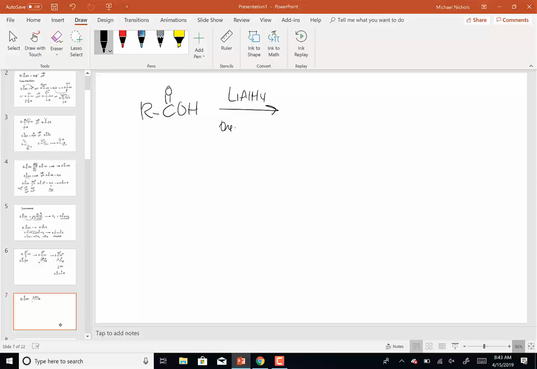There'll then be an H plus, H2O step. So lithium aluminum hydride is a reducing reagent. Carboxylic acids get reduced down to what? Katie? What kind of alcohol? The primary alcohol. So I'm going to reduce this all the way down to the primary alcohol.